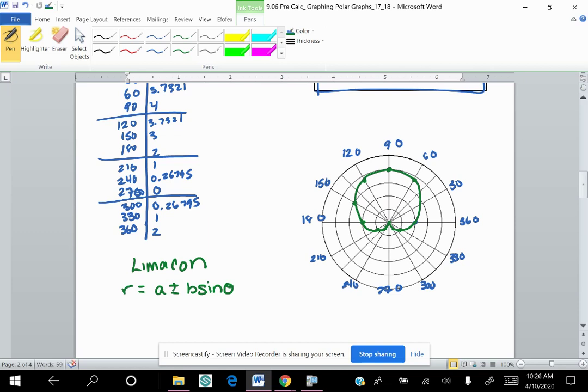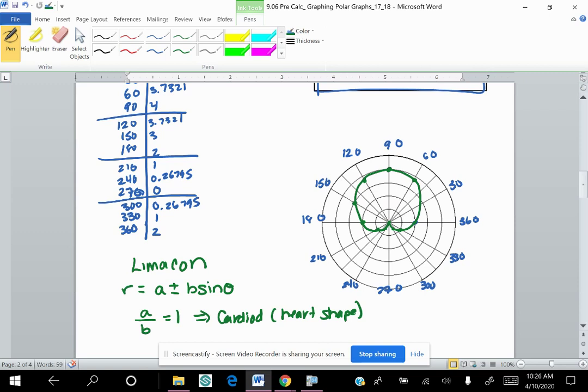So here a and b were both 2. So anytime a divided by b, if they're the same, so they equal 1, that tells us it's going to be that cardioid, which is a heart shape curve, which is kind of cool.